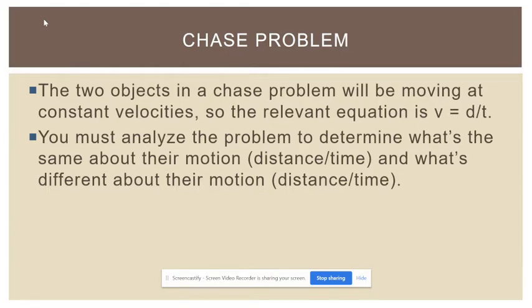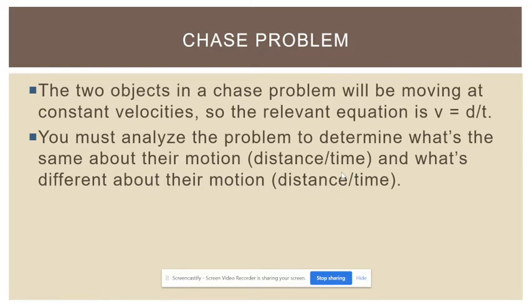It's figuring out what is happening at the beginning and being able to picture it. Because the next thing you have to do is analyze the problem to determine what is the same about their motion, whether that's the distance or the time. That's what the slashes here mean, distance or time. And what's different about their motion, the distance or the time.